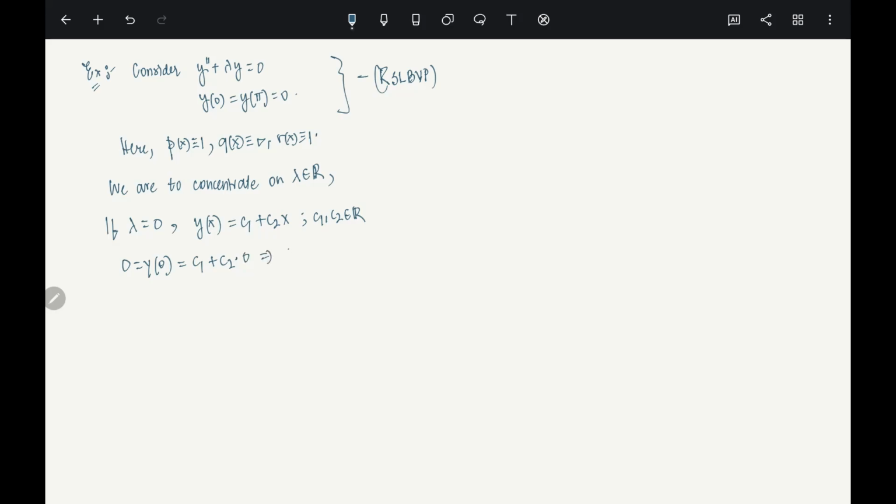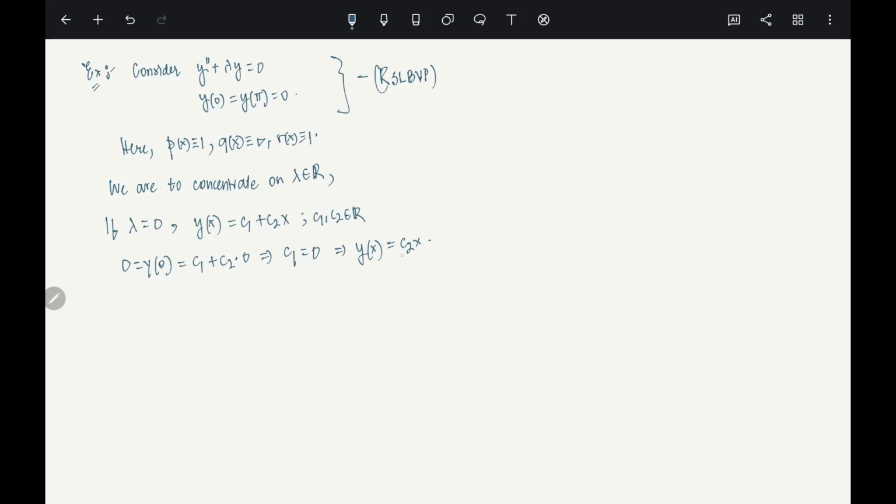That will give you c1 is 0. Now if c1 is 0, then y is c2 x.